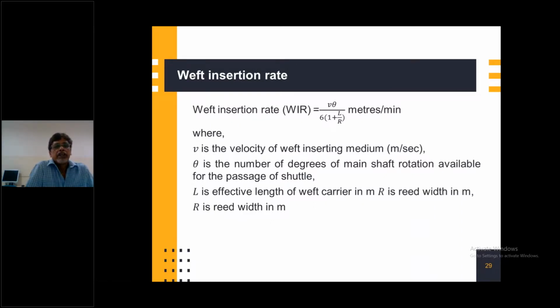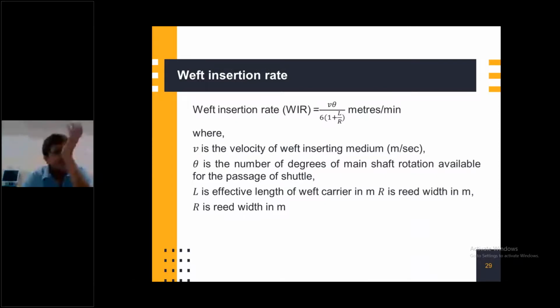That is how we calculate the production rate or capability of a weaving machine. Here V is the velocity of weft insertion media in meters per second, theta is the degrees available for the passage of the weft, L is the effective length of the weft carrier, and R is the width of the machine.